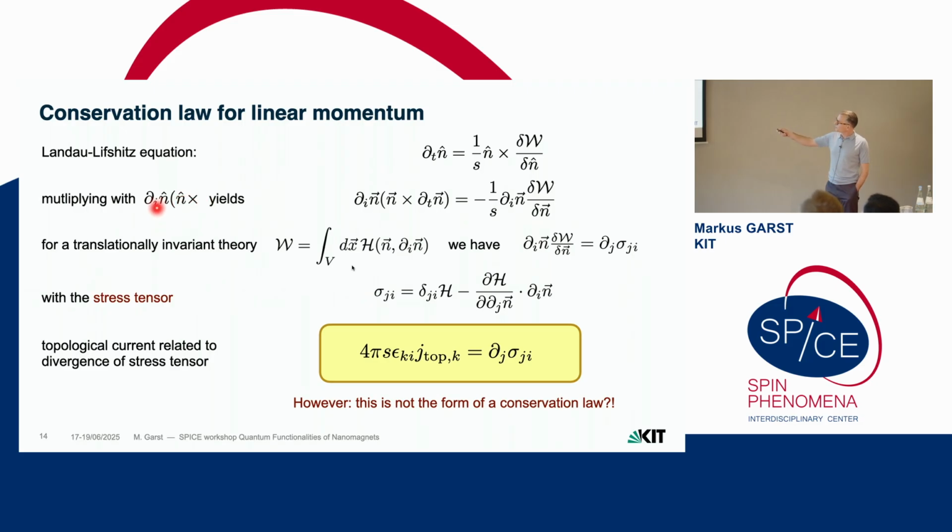We apply first an n cross operation, and then we multiply by the derivative of n in a direction labeled by i, so this is a spatial derivative. If we apply it to the left-hand side, we just get n cross applied to the time derivative of n, then multiplied by the spatial derivative of n.